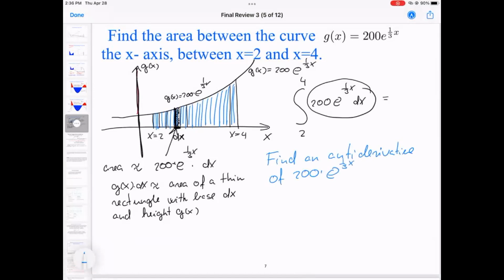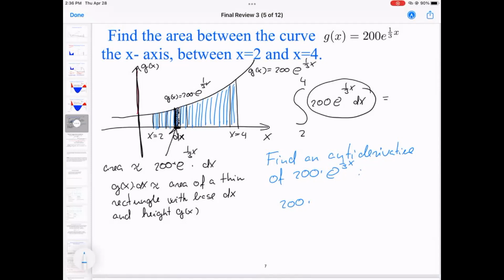What would be an antiderivative of this function? It's an exponential function, so again we use the trial method. We have a constant multiple, so we're going to keep that, 200. Now what would be a good guess? You already know derivatives: the derivative of an exponential function with a linear exponent is itself times a constant multiple. So what would be the first guess for the antiderivative here?